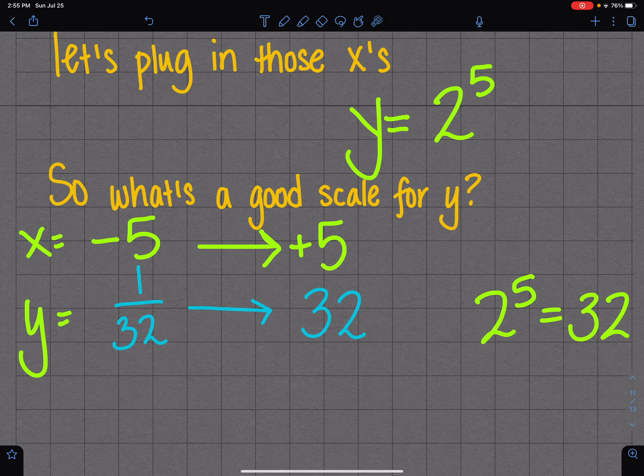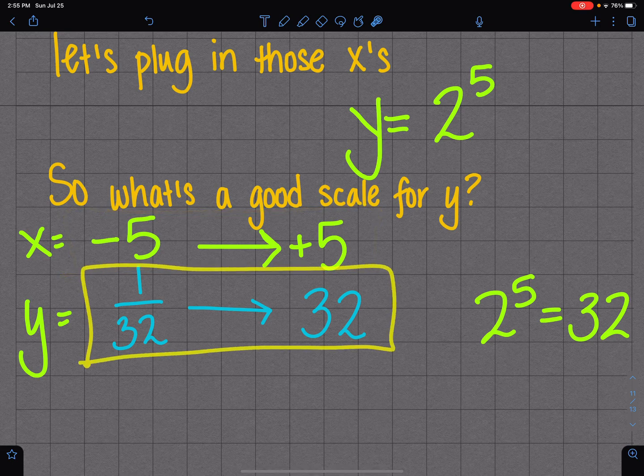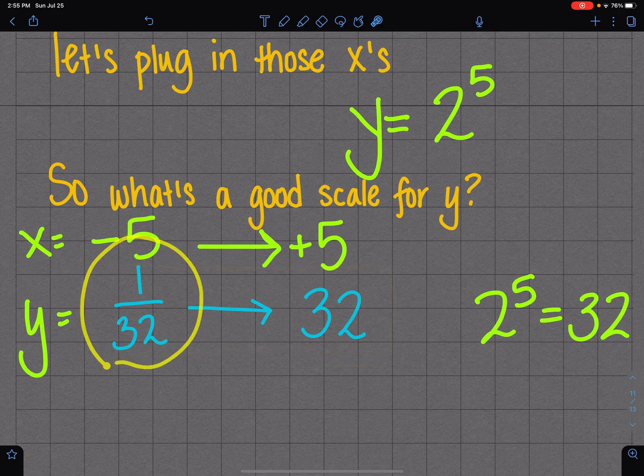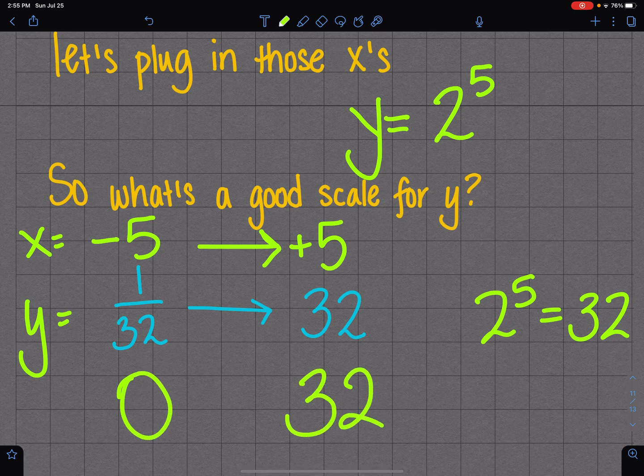So if you pick a range for x that goes from -5 to +5, then your range for y is going to be 1/32 all the way up to 32. Now, it doesn't really make sense to put that in for a y, but it's kind of close to 0. So we're just going to pick 0 for the y, and 32, this is the range.